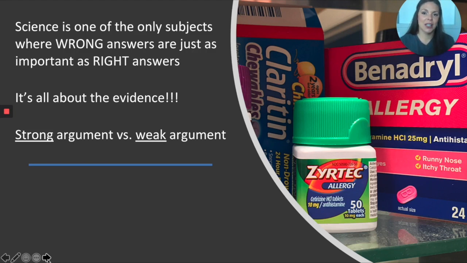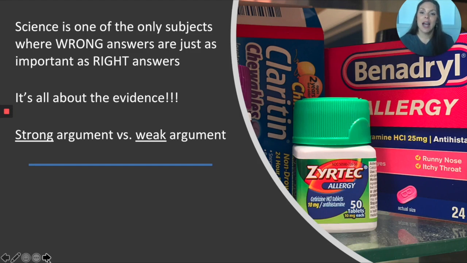So it's interesting that as we learn things like which allergy medicine is safe to take and which allergy medicine helps people the most, helps them feel better and have less symptoms, it is just as important to be able to disprove an idea, or refute an idea, or go against an idea, as it is to be able to support it and be right.